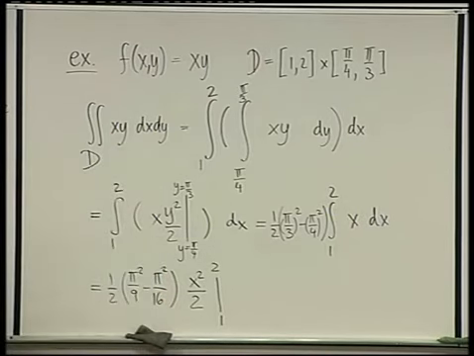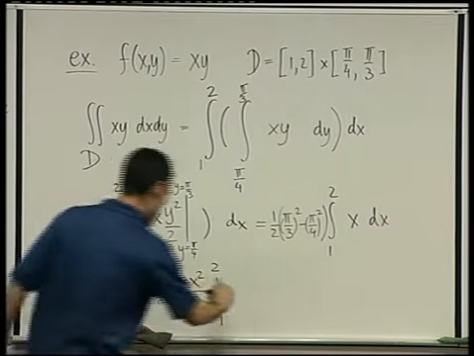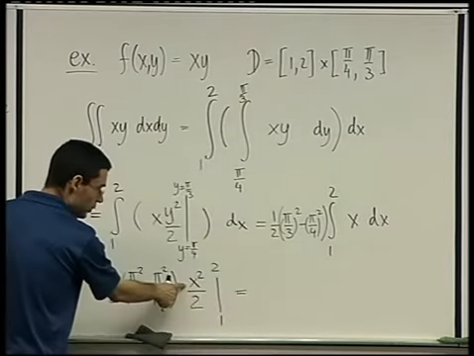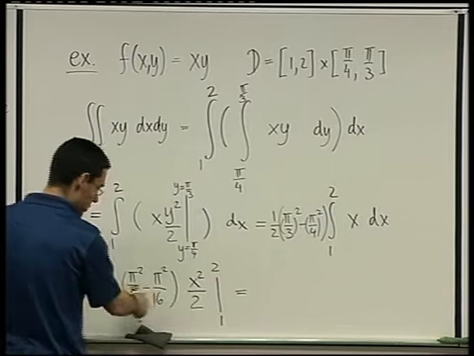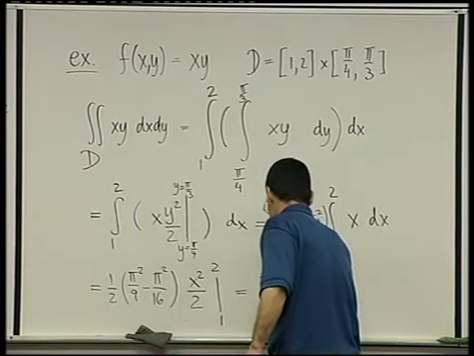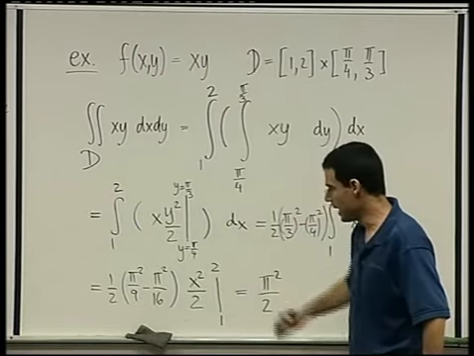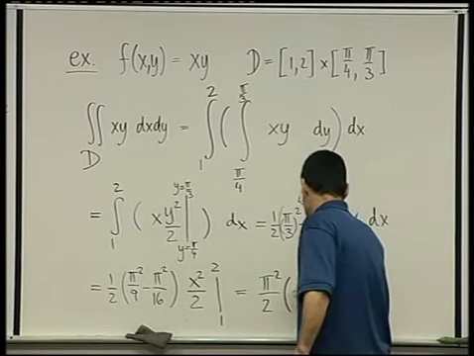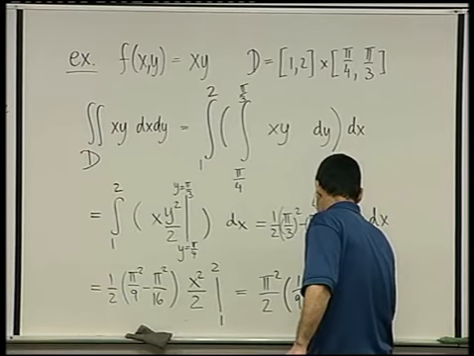Do you agree? Okay. When I plug in 2 here, I'm going to get 4 over 2. So let's pull out a pi squared here. So pi squared over 2. I have 1 over 9 minus 1 over 16. Let's do the common denominator in the next step.